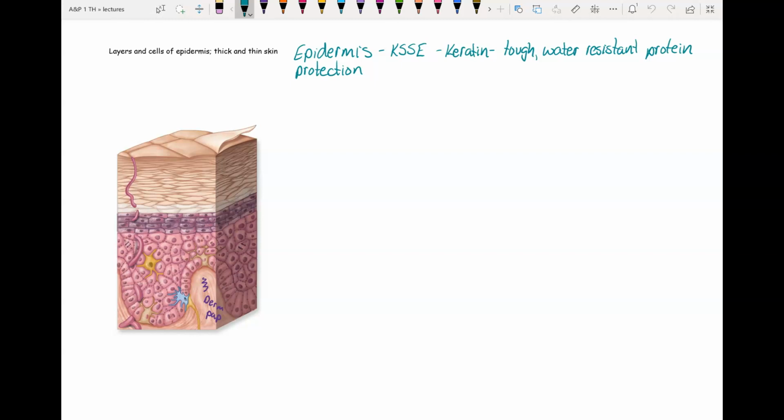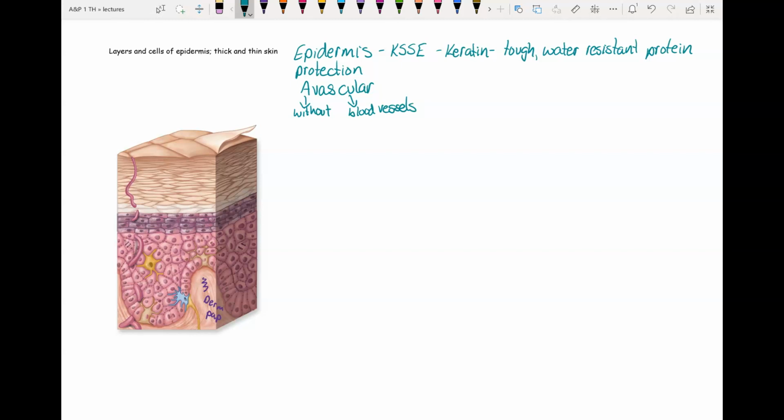Notice also that there are no blood vessels in the epidermis. So that means it is avascular. When you put A in front of a word, that means without, and then vascular means blood vessels. This is also part of the protection.